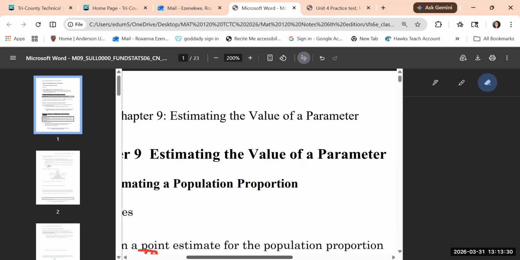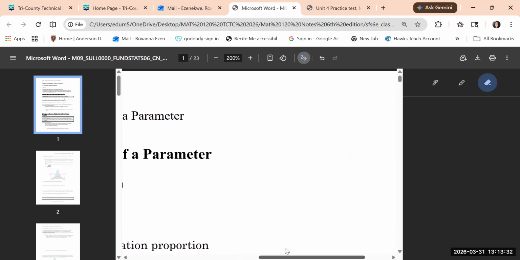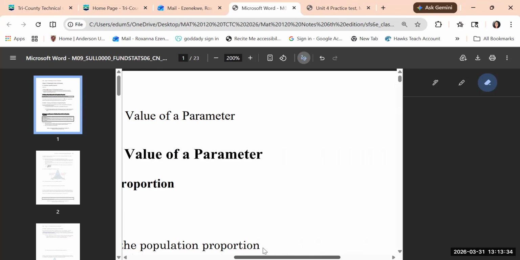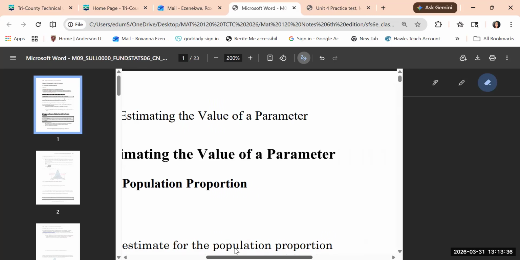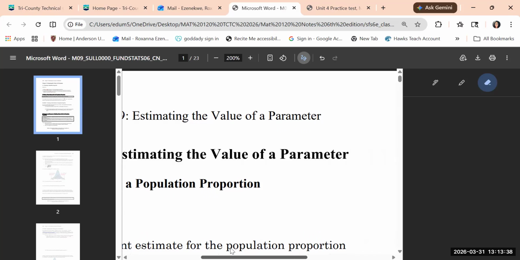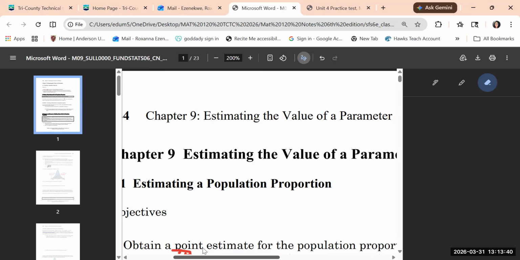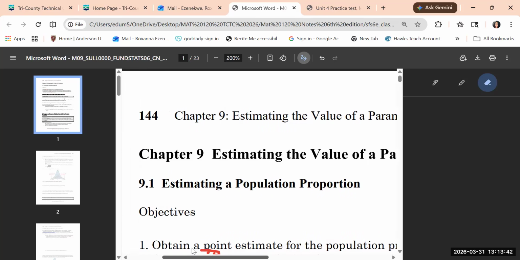So what is a parameter? From unit 1, we know that parameters are population characteristics. Population characteristics are parameters. And sample characteristics are called statistics.